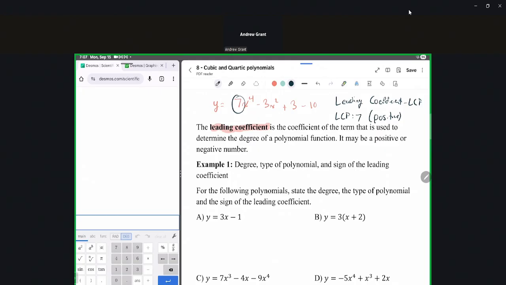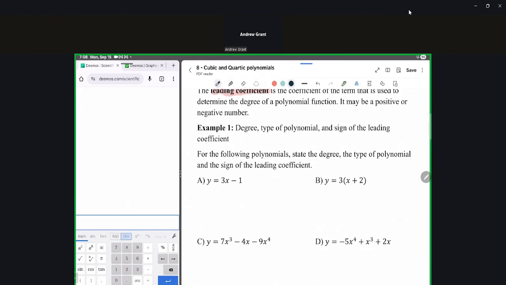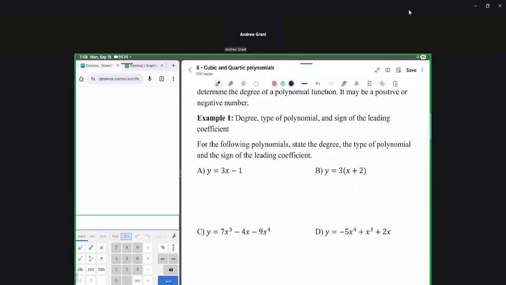So we just say, oh, that's a positive, for clarity purposes. Okay. And so what I care about for example 1 is we would like to determine the degree, the type of polynomial. And remember, type of polynomial means, is it linear, quadratic, cubic, or quartic? And the sign of the leading coefficient.